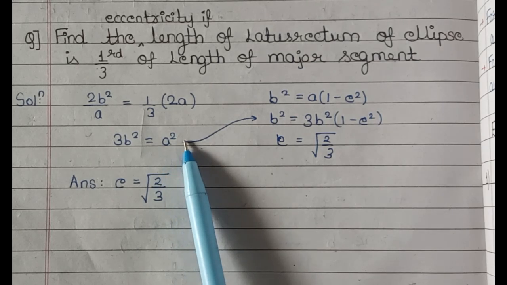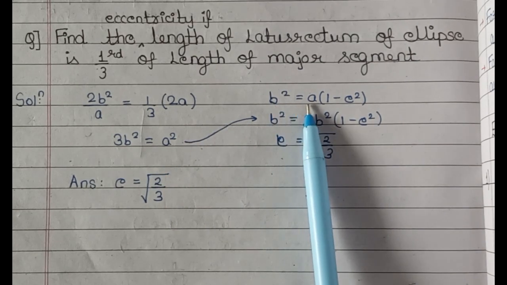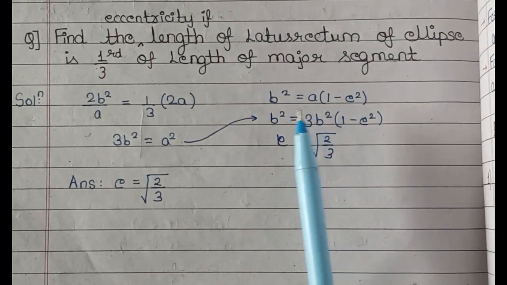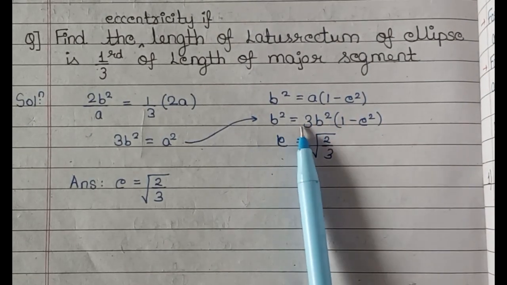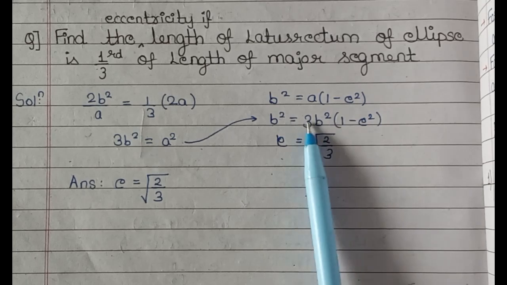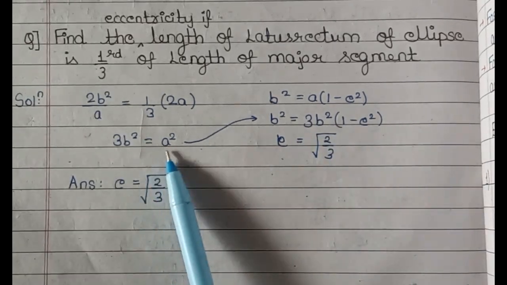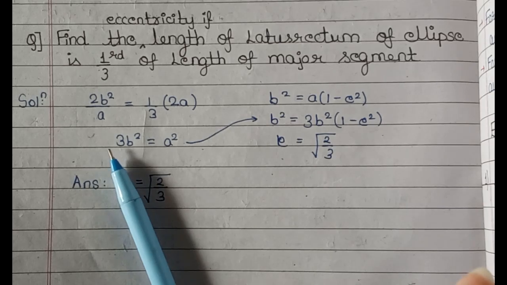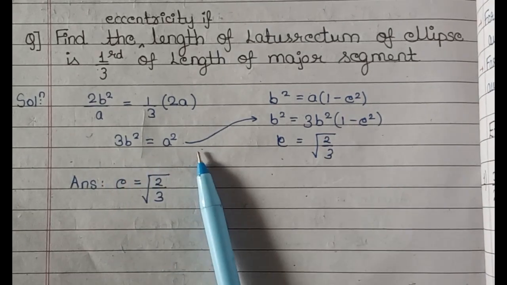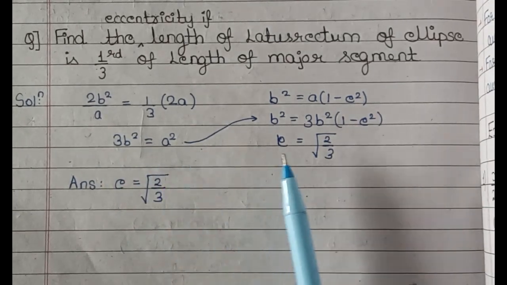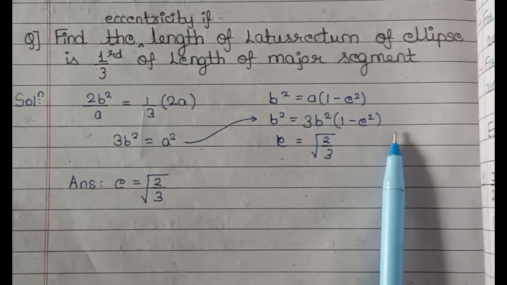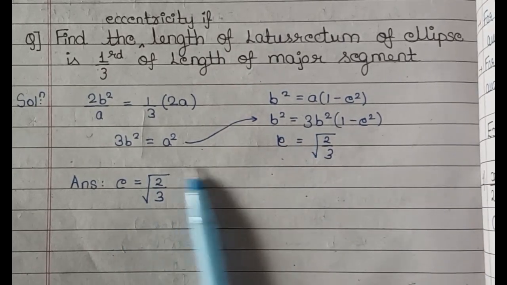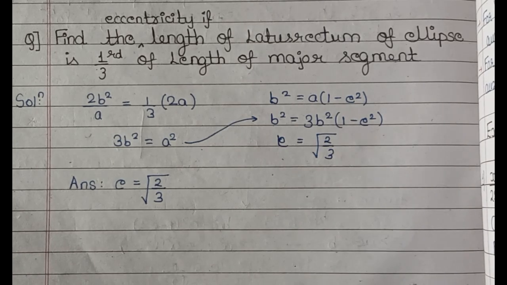Now consider the equation b square is equal to a in bracket 1 minus e square. So it will be b square is equal to 3b square in bracket 1 minus e square, when we substitute 3b square in place of a square. So the eccentricity, by solving this equation, we will get under root 2 by 3. So your answer will be under root 2 by 3.